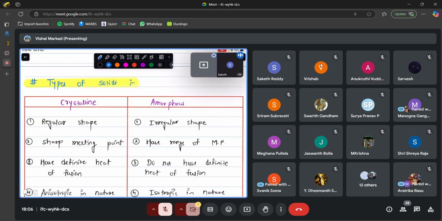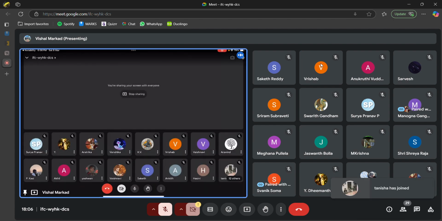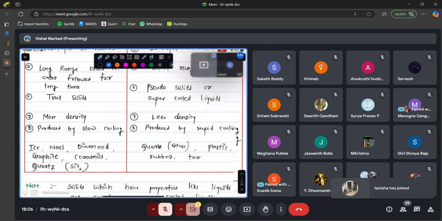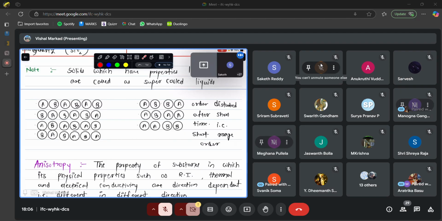What is the basic difference between crystalline and amorphous? In crystalline, they will have a regular shape. Means there is a proper arrangement of atoms in crystalline, while in amorphous, the arrangement of atoms is not proper. Let's say any solid is there, and there are two atoms, they can be same or different: A B A B A B, B A B A B A. Here the arrangement is proper.